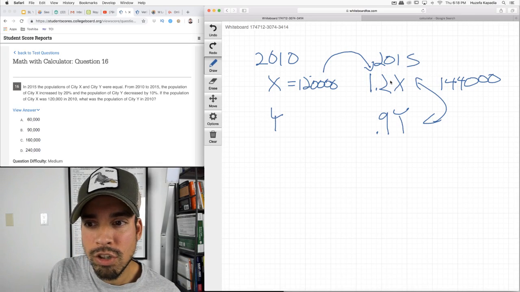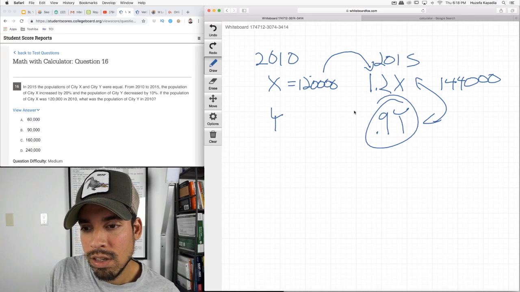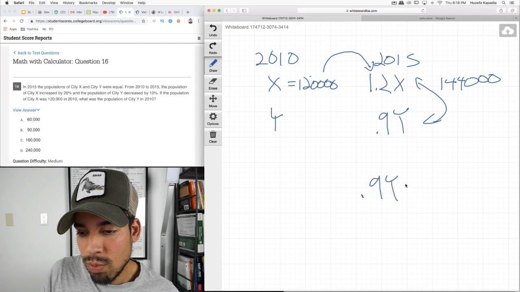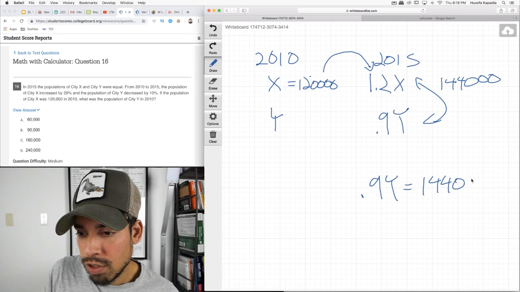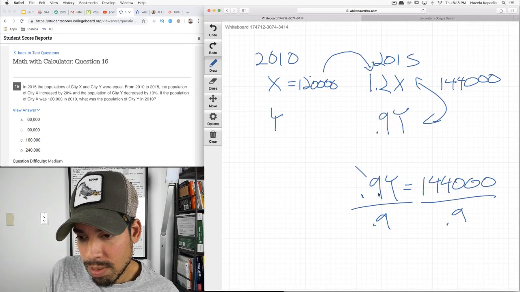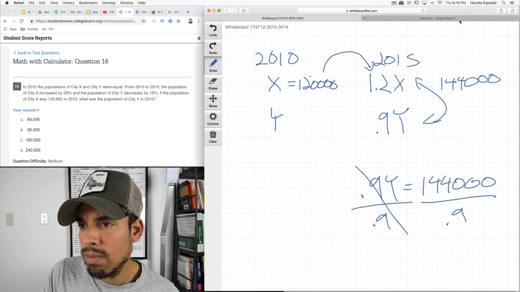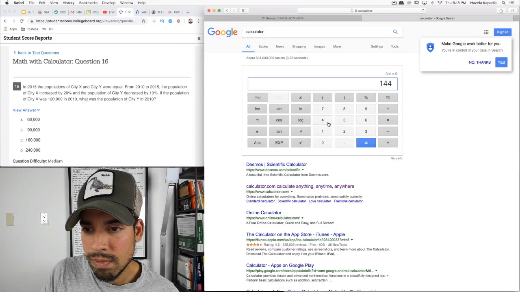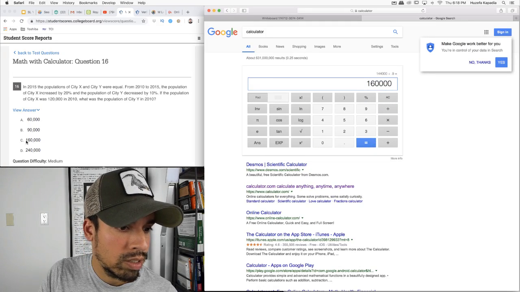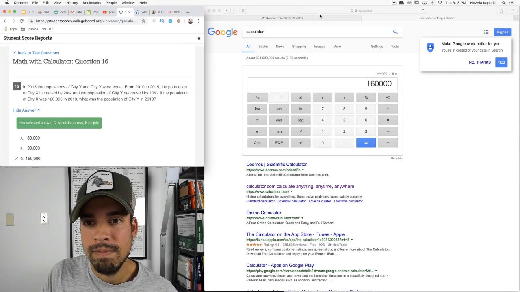This is 144,000 because these guys are equal, which means 0.9y equals 144,000. To isolate y, we divide by 0.9, which I cannot do in my head. There it is, 160,000, and that's C.